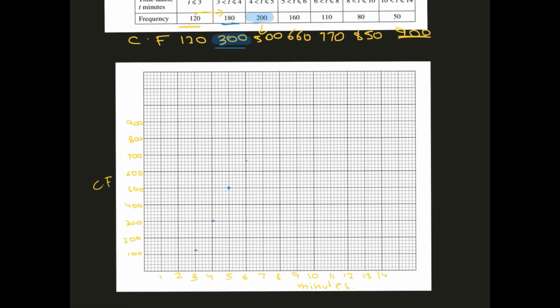And then for t less than 8 minutes, we have 770, somewhere in the middle of the last two boxes. And then t less than 10 minutes is 850. So 820, 840, and then exactly in the middle will be 850. And then less than 14 will be 900, so it will be somewhere over here. And then we will try to draw a smooth curve.